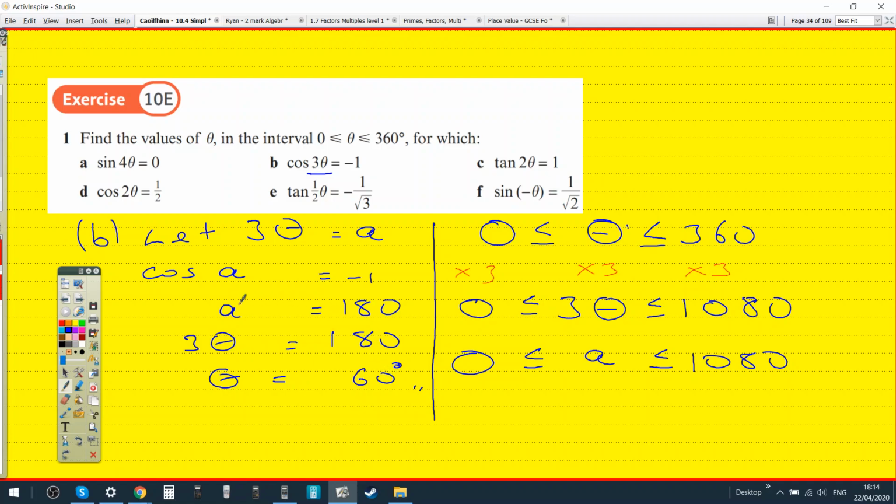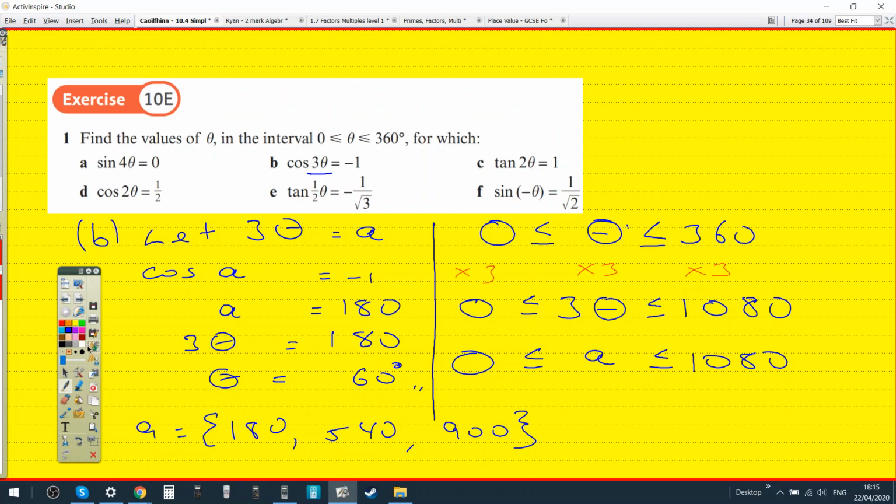It would have to be to the a one. Yes. 540. So we said a was 180. It's also 540. Any other? 900. Will there be another before 1080, or will that be outside of the range? Outside the range. That's it.